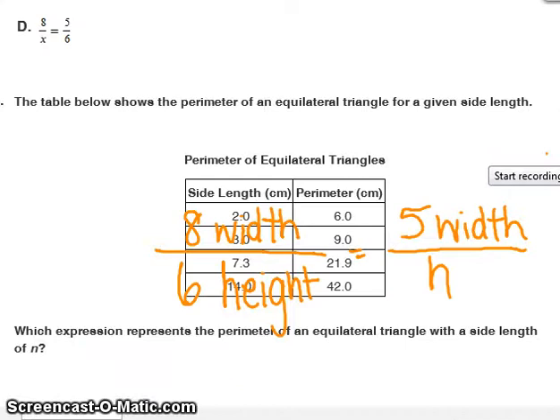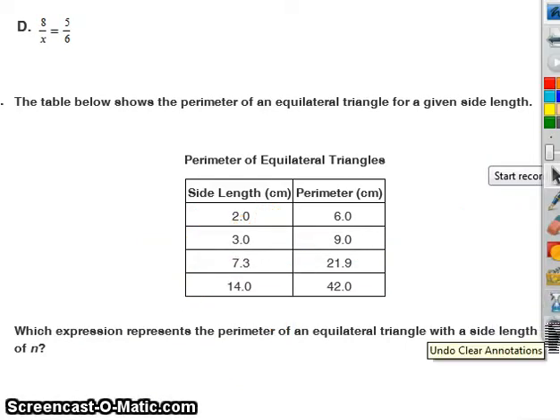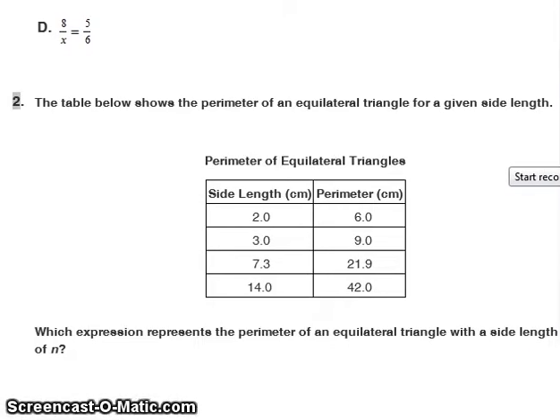So let's look at number 2. Number 2 says the table below shows the perimeter of an equilateral triangle for a given side length. Which expression represents the perimeter of an equilateral triangle with a side length of n?